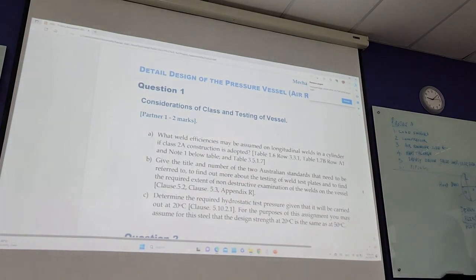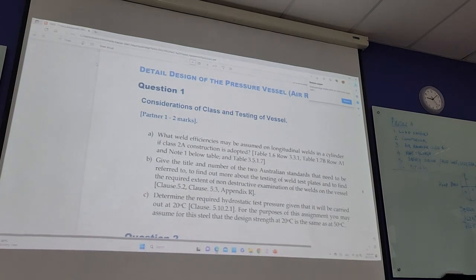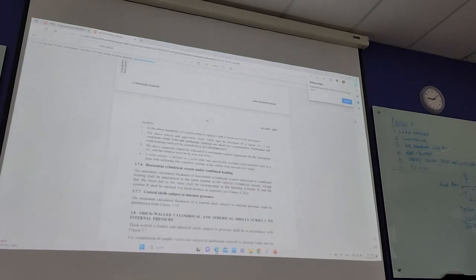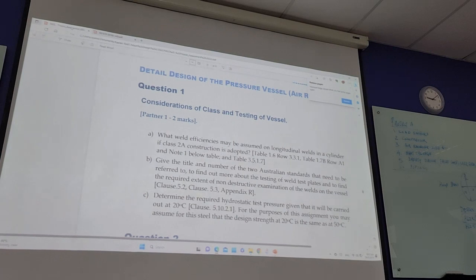Alright, so now we will go to AS 1210. Can you go to this using AS 1210? I go together with you. So over here is table 1.6, row 3.3.1.